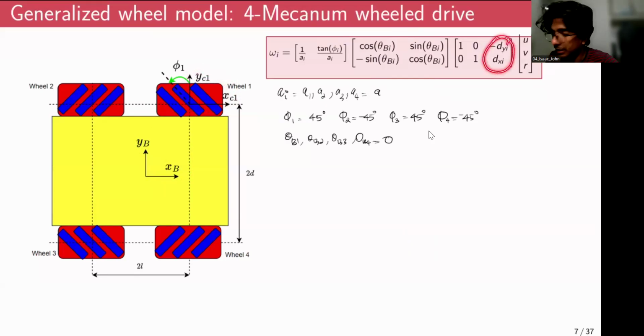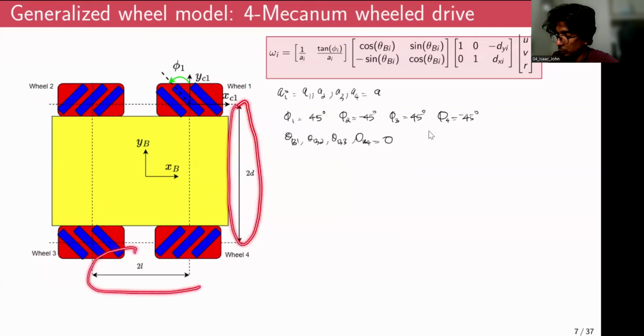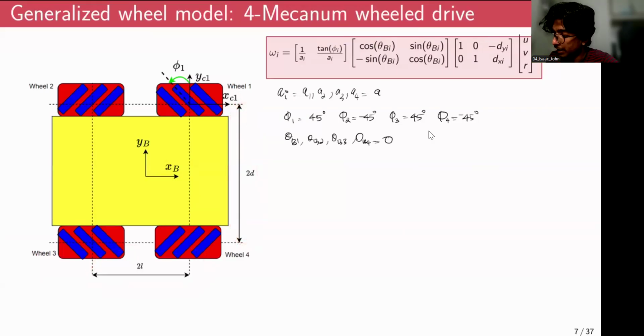And the remaining parameters dyi and dxi are similar to what we have just seen. If you consider this to be 2D and if you consider this to be 2L, the components of the vector along xb and yb for each of the centers of these wheel frames of reference are exactly how we figured out in the previous case.